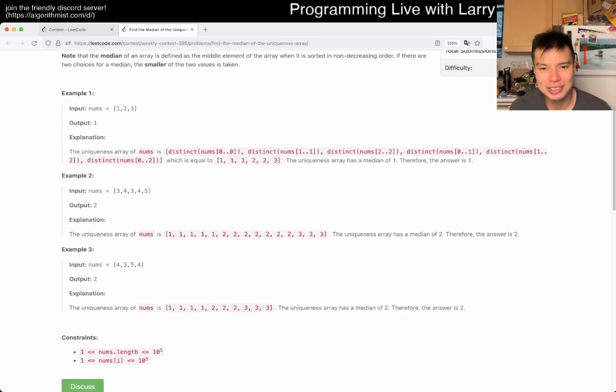Is there a way to binary search? How can I binary search?